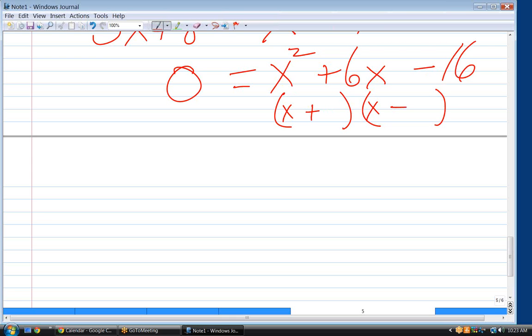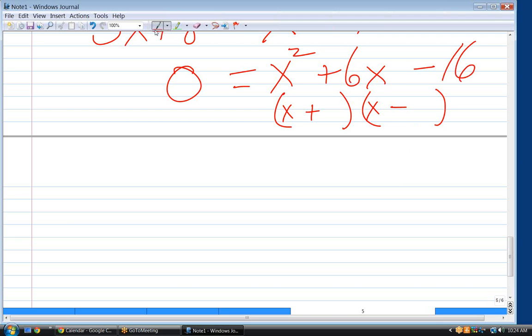What's the logic of the next step? So you find two numbers that multiply to 16 that add together to equal 6. Not add, subtract. If that was a plus, yes, it would be add. But it is whatever that sign is. In other words, if that sign is negative, then these factors of 16 have to subtract to the number 6.